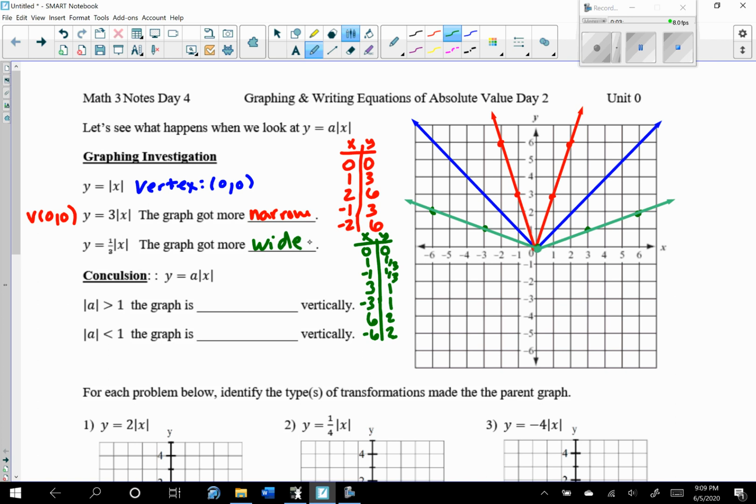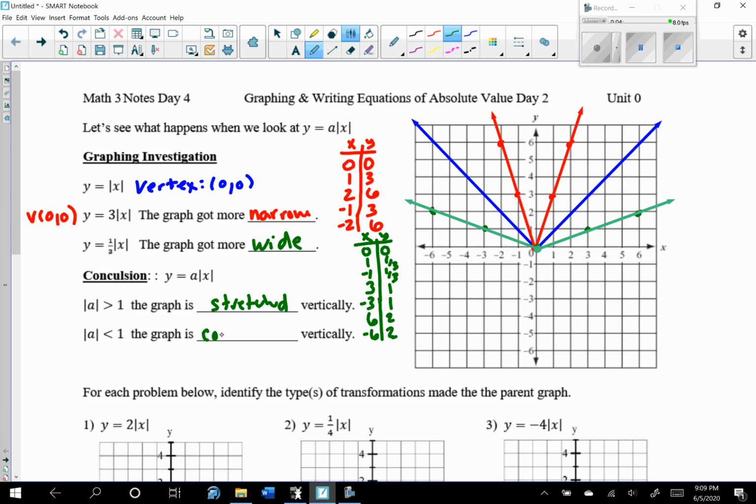So in conclusion, if the absolute value of a is greater than 1, then the graph is what we call stretched vertically. You can see that the y values are stretched upwards from the parent graph. And this graph in green, the y values are going to be what we call compressed.